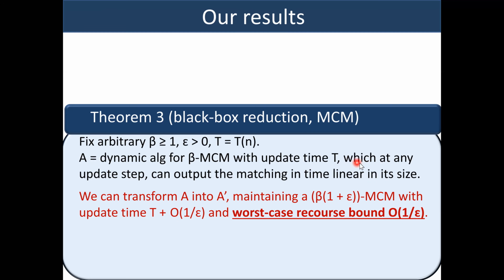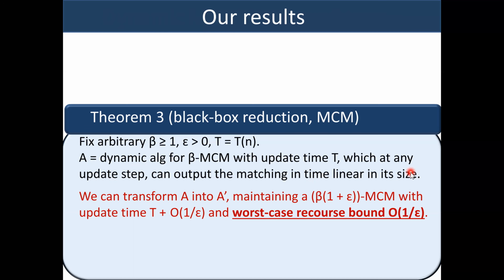And the condition that I omitted is that this black box algorithm A needs to be able to output efficiently the edges in the matching that it maintains, within time linear in its size.